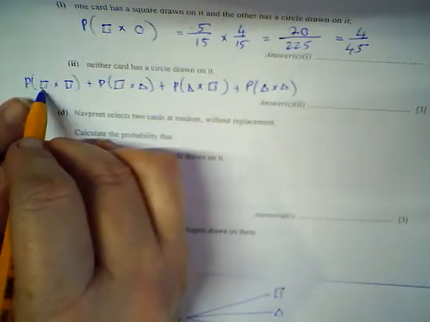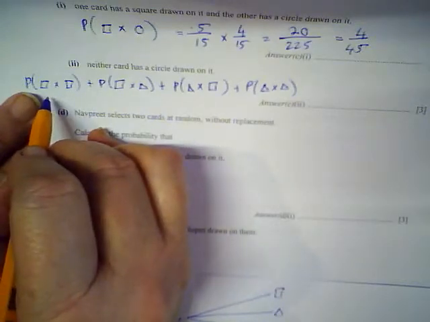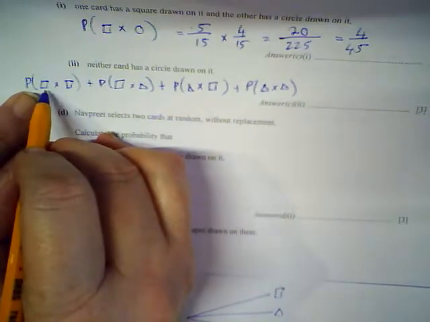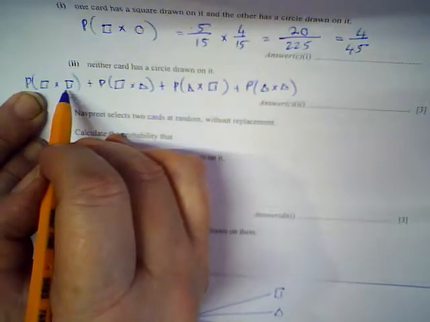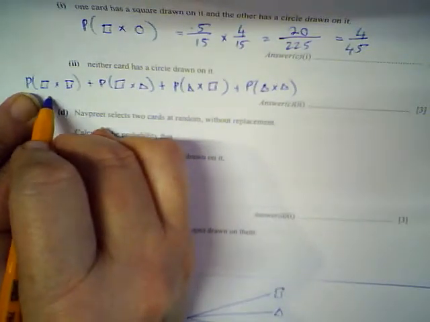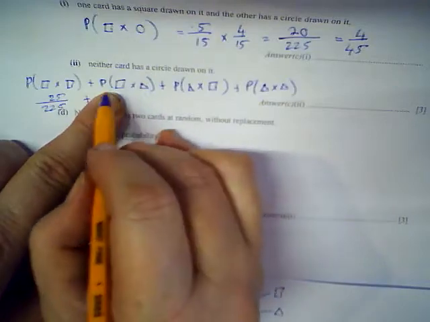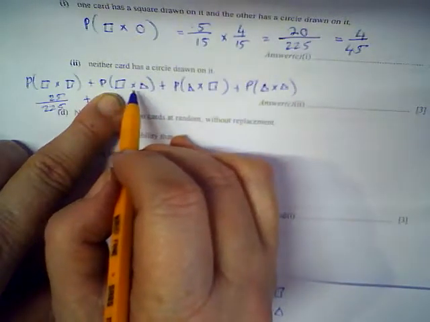And that is 15 times 15. That's 5 over 15 times 5 over 15. And that would give me 25 over 225, plus square triangle. That's 5 over 15 times 6 over 15.